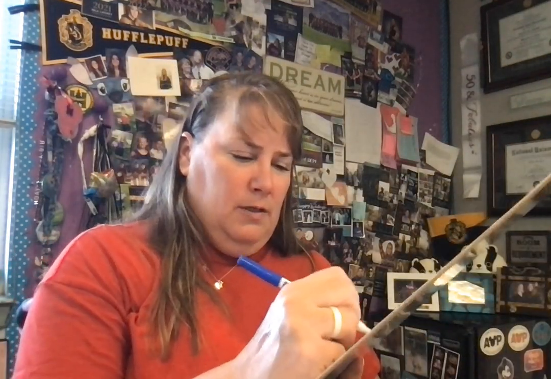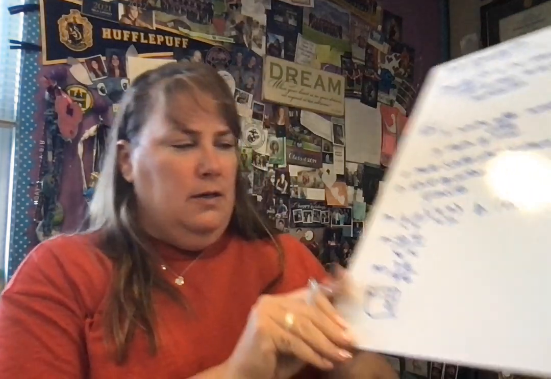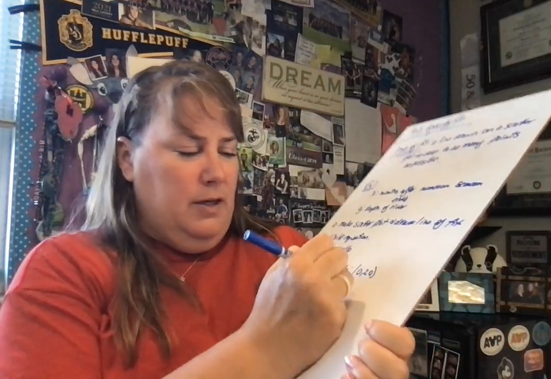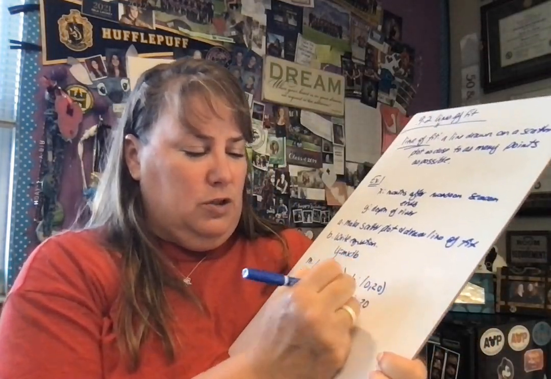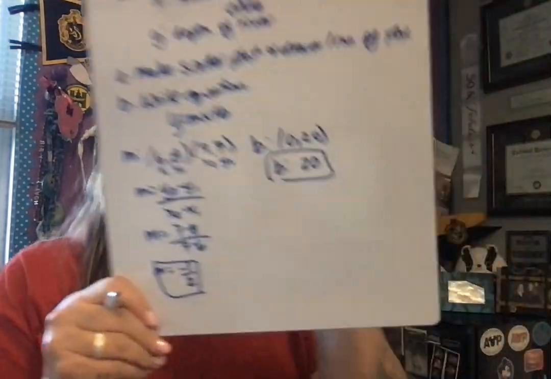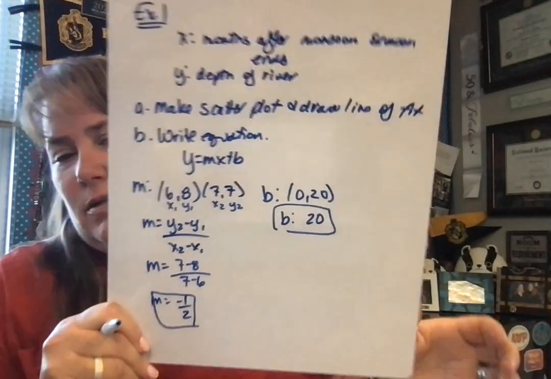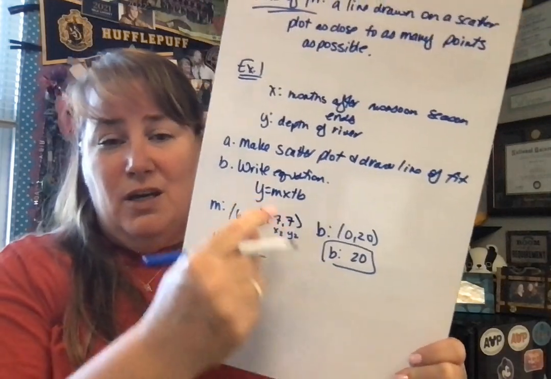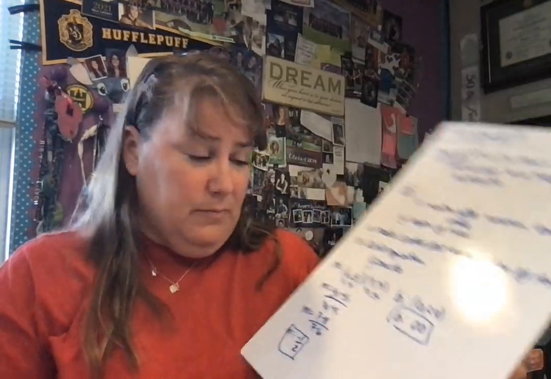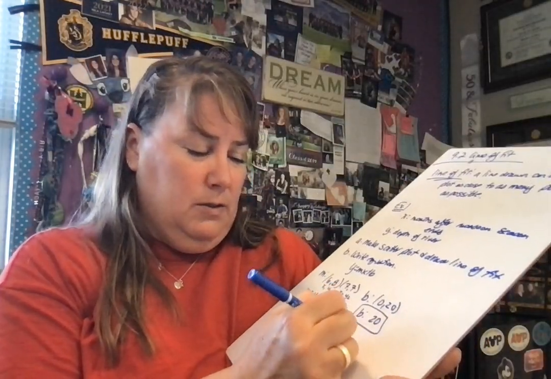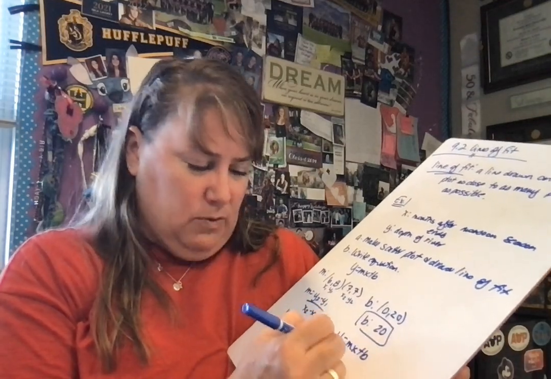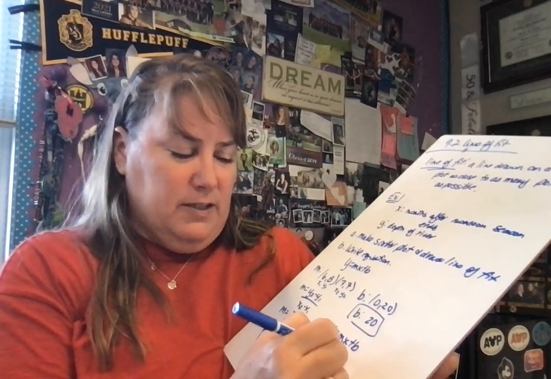Oh, goody. So you have B equal to 20. So you have M, you have B. You're going to put it into y equals mx plus b. So you have y equals -1/2 x plus 20.